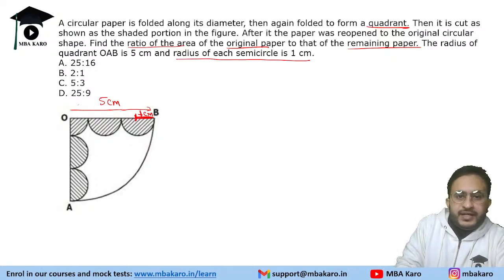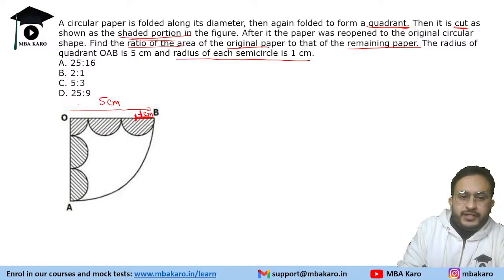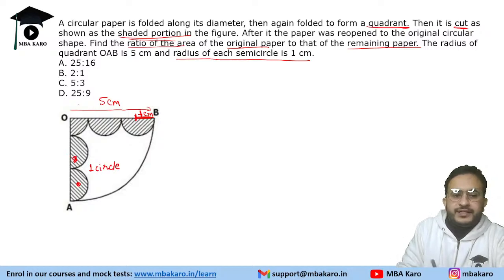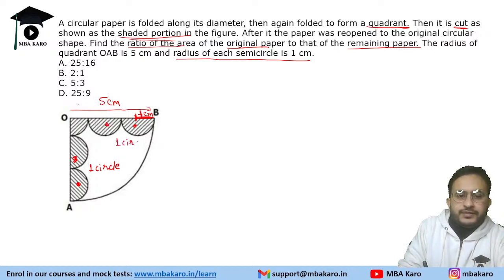It is saying that the shaded portion is cut. So we will find how many. This is a quadrant. This is half circle. This is half circle. So one circle. That is one circle, half circle and half circle. And this is half circle and half circle. So one more circle. And this is quarter circle.